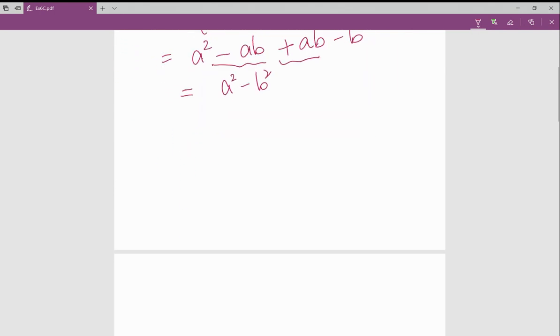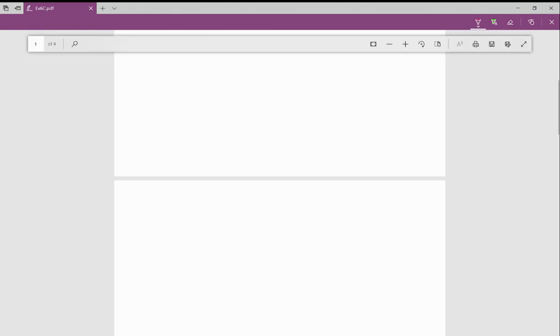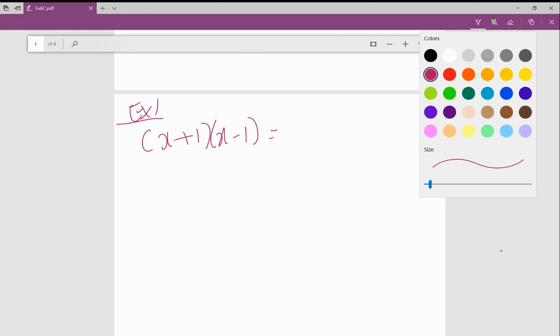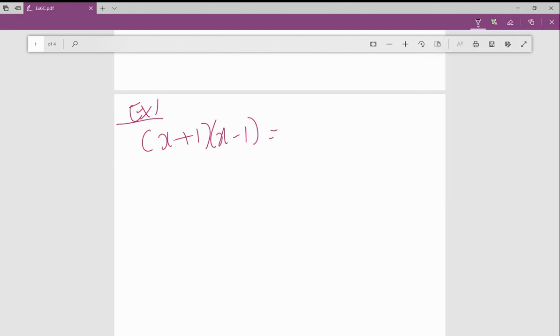That is a shortcut. I'll go through some examples, and then after that you can try questions 3, 4, and 5 by yourself. Okay, let's try example 1. What is (x plus 1)(x minus 1)? So we know the formula, let me write it down.